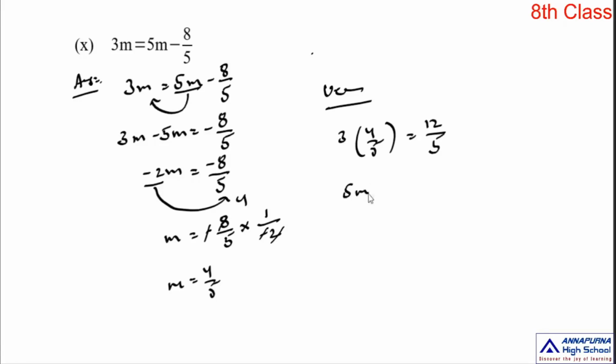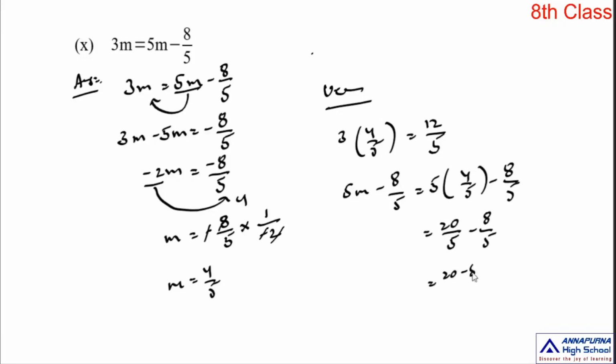And the right side is 5m minus 8 by 5, it is equal to 5 into 4 by 5 minus 8 by 5. 5 into 4 by 5, it is equal to 20 by 5 minus 8 by 5. So the denominators are same, so simplify the numerators directly. So 20 minus 8 by 5, it is equal to 12 by 5. Both the answers are same, so m is equal to 4 by 5 is the required solution of this equation.